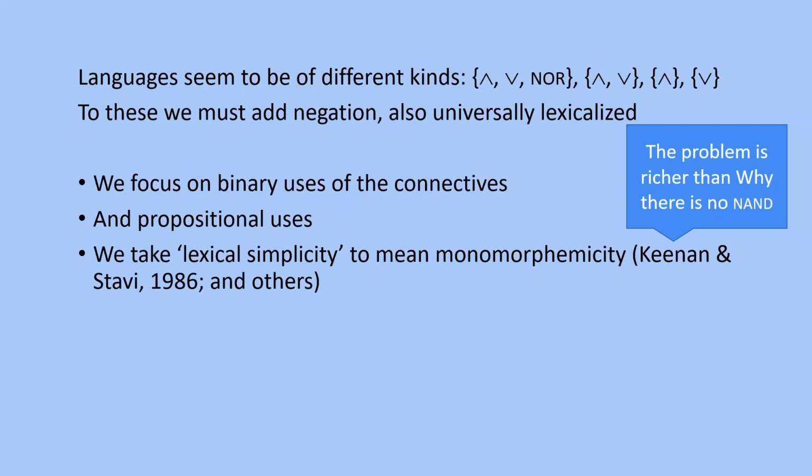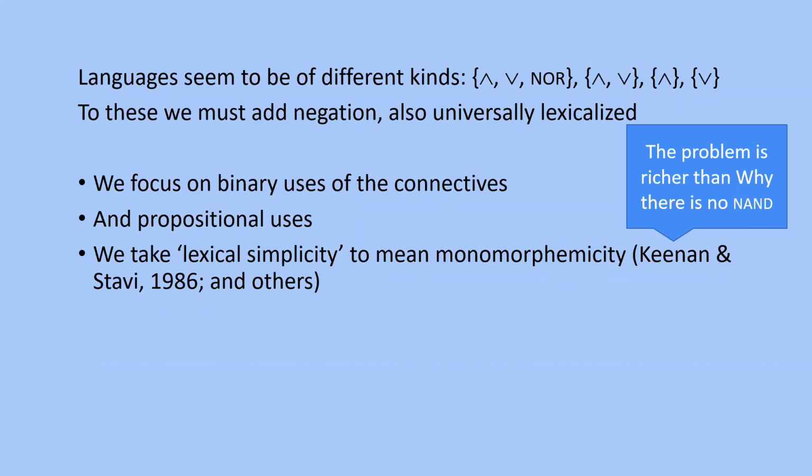Okay, so the key point to explain is why these functions occur in the lexicon. And so the crucial notion is lexical simplicity. What that means, we take it to mean monomorphemicity, so there being a single morpheme in the language that expresses that function.